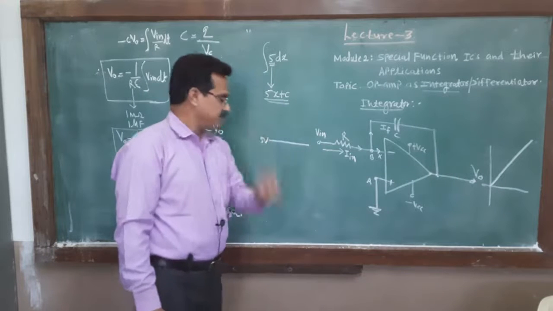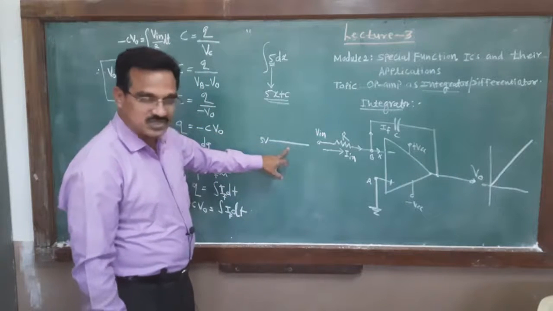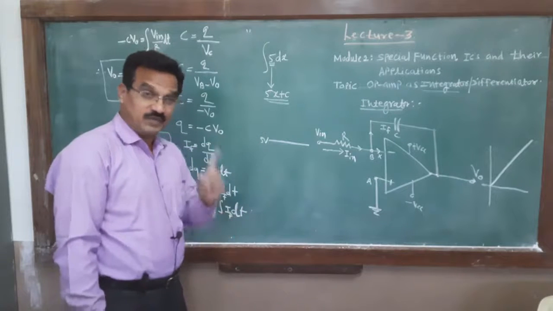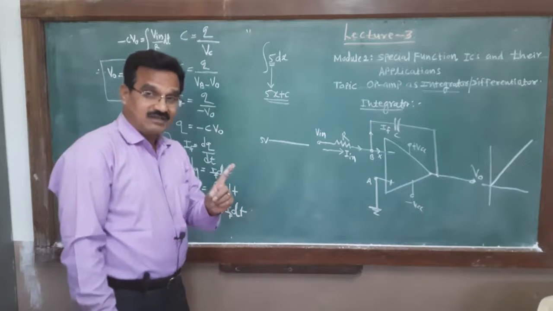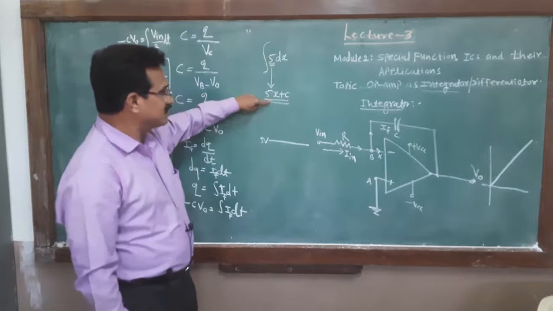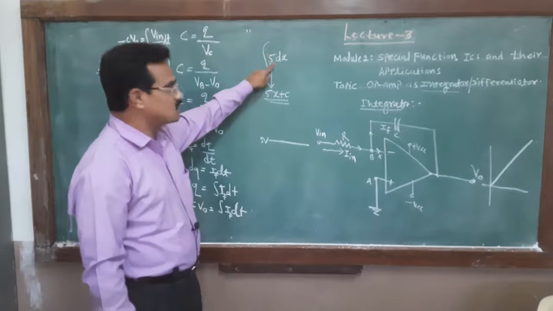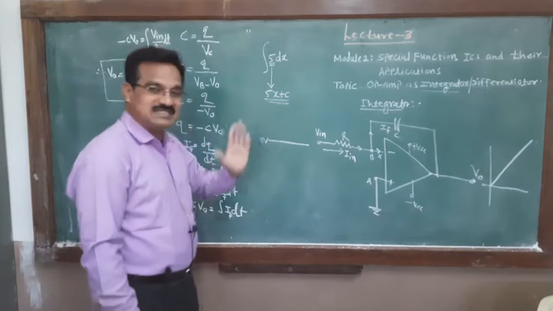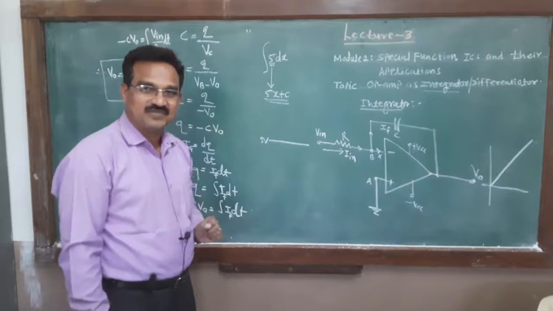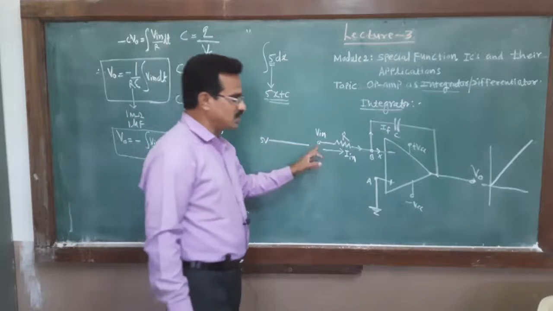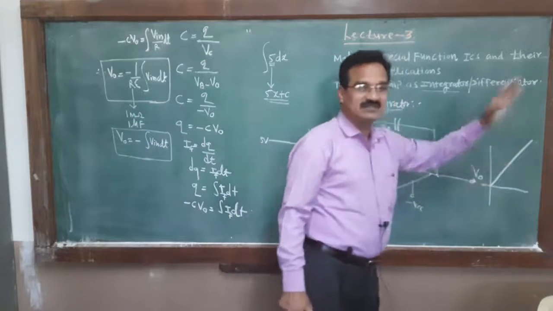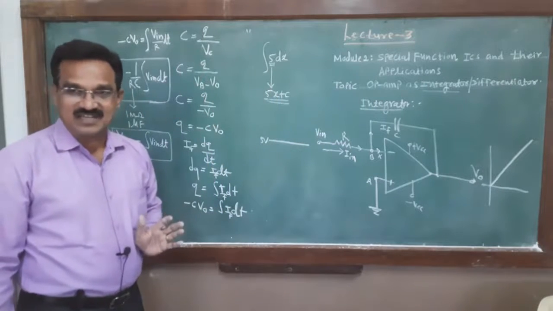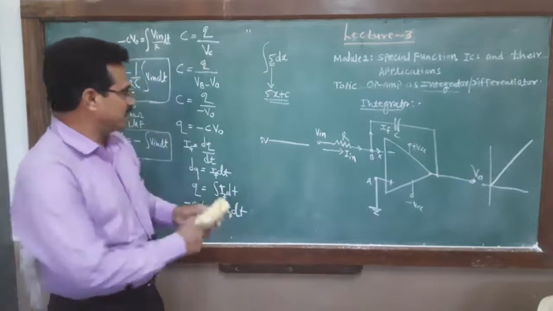Remember the first point: when the input is constant, say 1 volt, 2 volt, 3 volt, 4 volt, 5 volt, its integration is 5x plus c, an equation of a straight line. So when the input is constant, the output is continuously, linearly increasing. This is the first point.